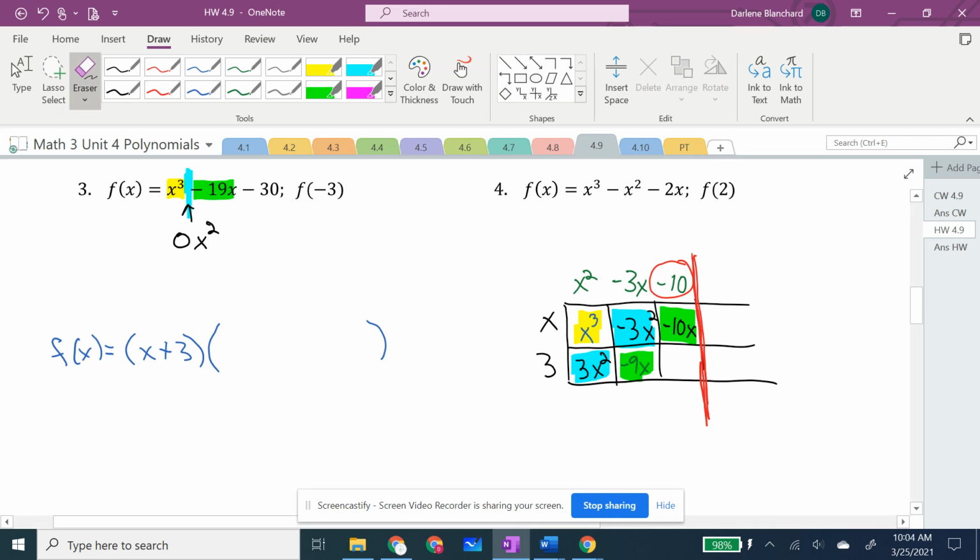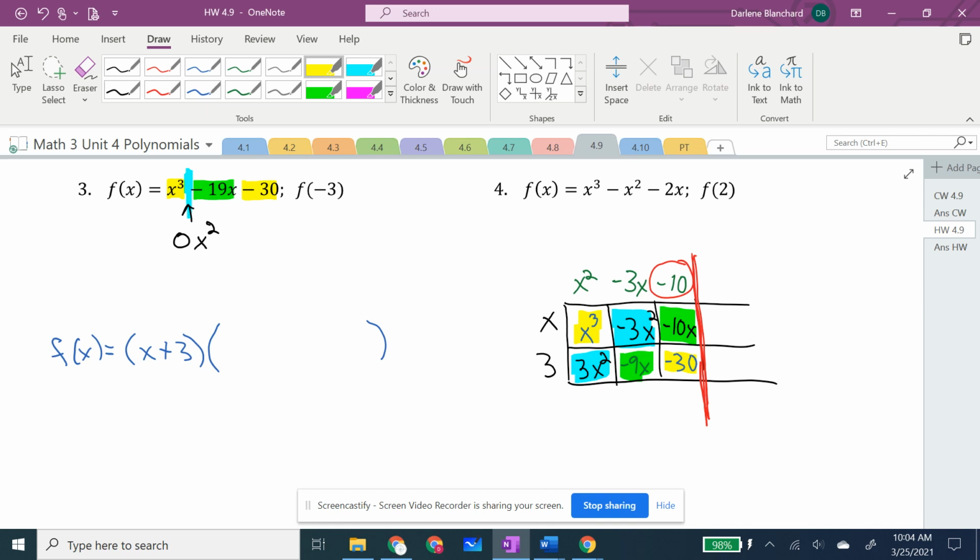And if we found that plugging in negative 3 made this 0, then I should not be having a remainder. So now 3 times negative 10 is negative 30. That had better be what's over here, and it is. So all of those in the boxes added together make that polynomial.